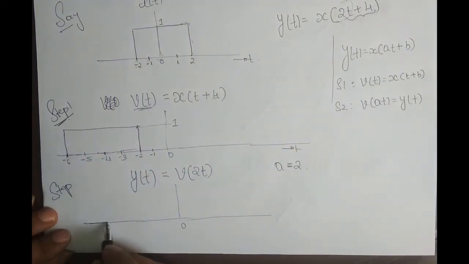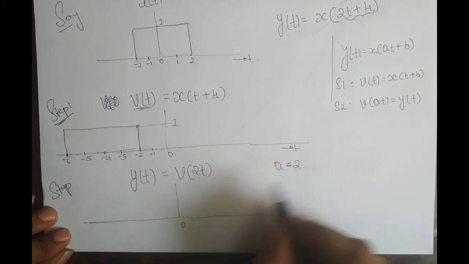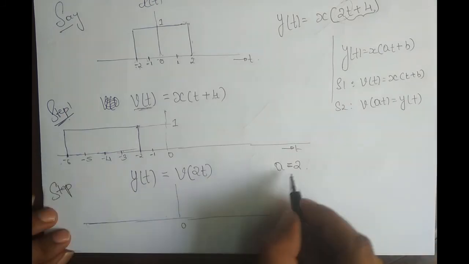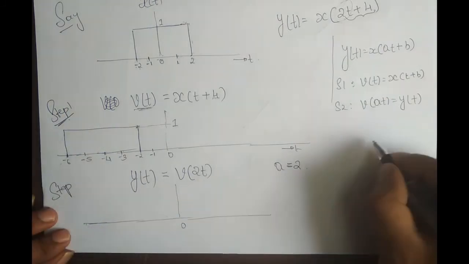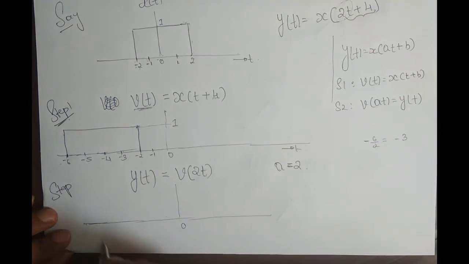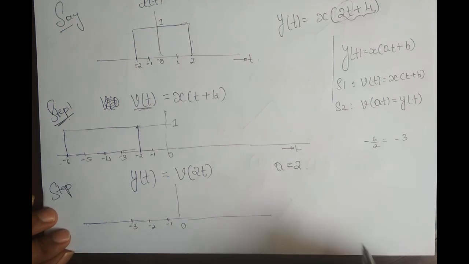Now a is 2, the inverse of a is 1 by 2. So -6 gets multiplied with 1 by 2. So it is -6 by 2, which is equal to -3, right? So this goes to -3. This is -3, this is -2, -1.